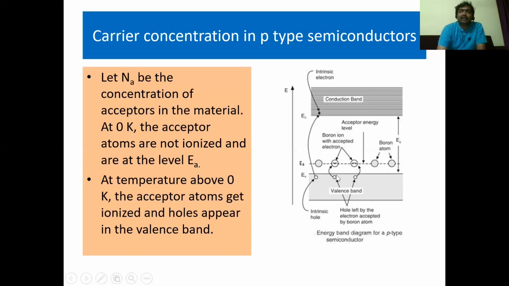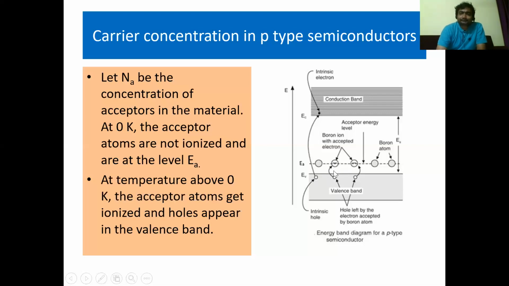In this way, holes are the majority charge carriers in p-type semiconductors. And one more point you need to observe here is, as one atom accepts one electron, correspondingly one hole is formed. So the number of holes equals the number of acceptor ions.